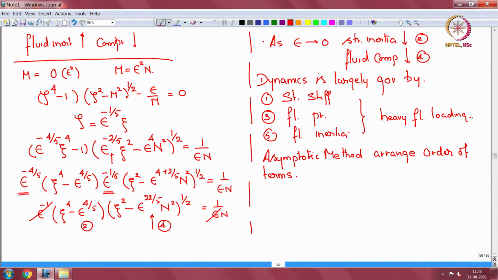So this sort of a, what shall I say, game can be played again and again to get finer and finer ideas about the relative importance of these 5 terms.